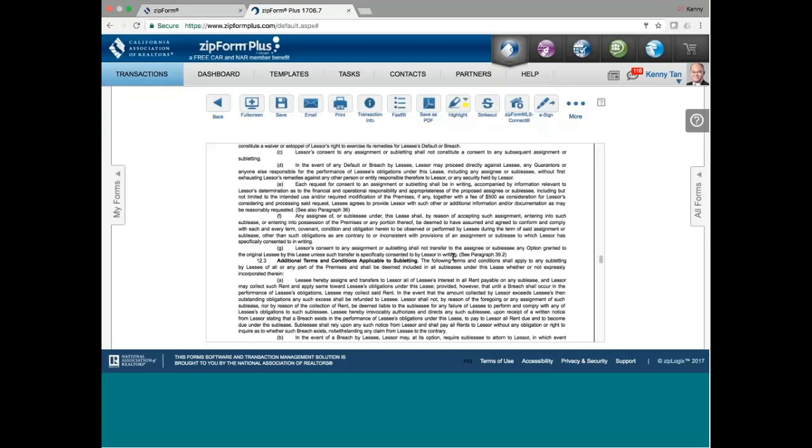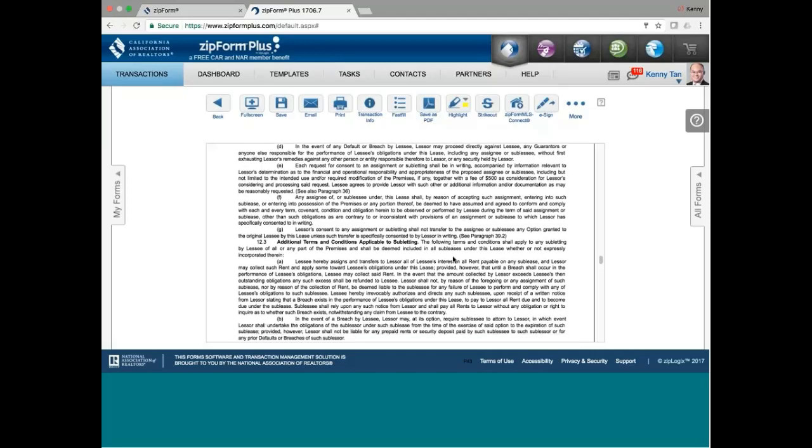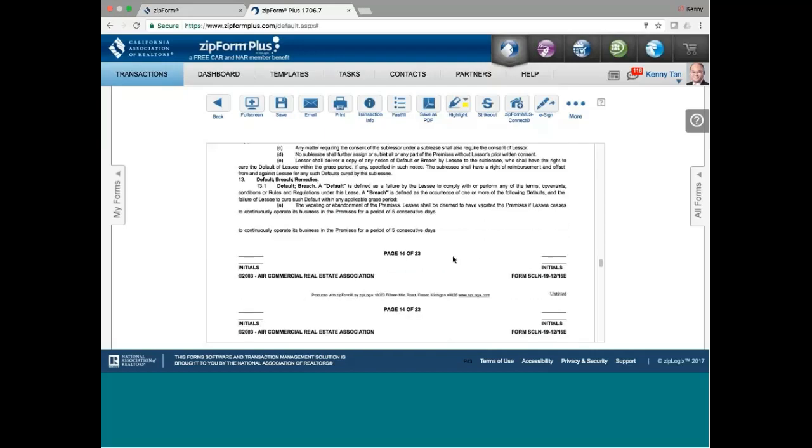So you prepare a written consent by the landlord to allow the current tenant to transfer the 5-year options to the buyer. If you don't do that, and you go ahead and get approval for sublease, your buyer might find out that the landlord never consented to the transfer of the two 5-year options. And then as a buyer, you just took over a lease that would expire very soon without the two 5-year options. So that's very important.